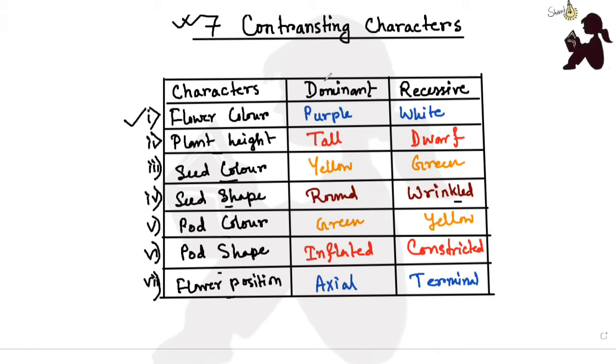Okay, so here we can see 2 terms. One is dominant and the other one is recessive. He denoted the dominant trait with a capital letter, for example, capital T for tall and small t for dwarf plants.